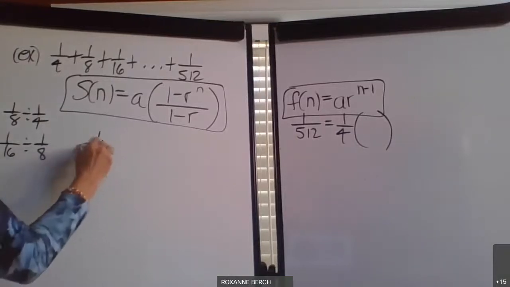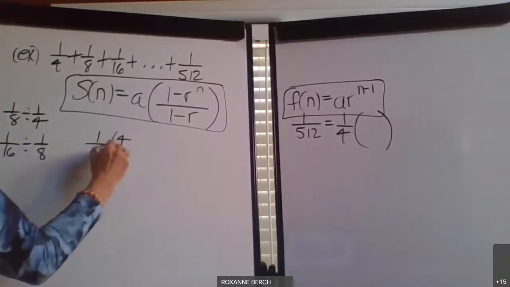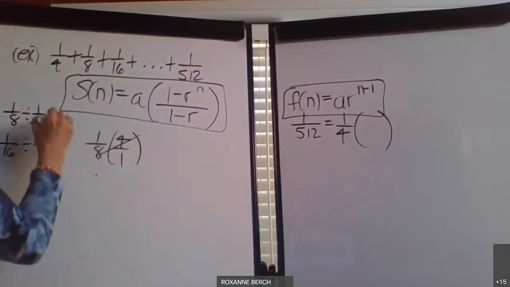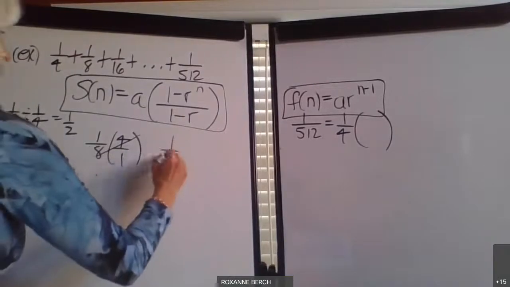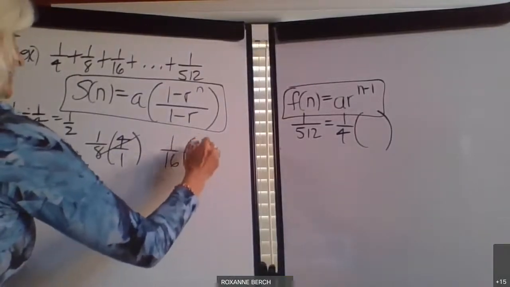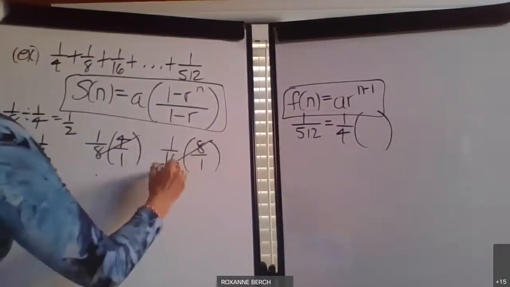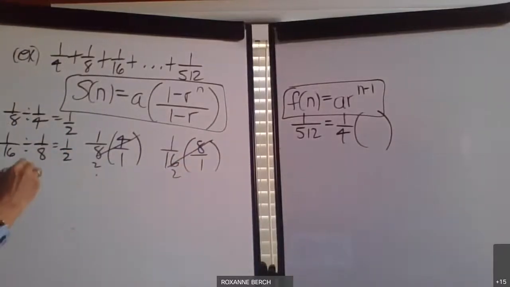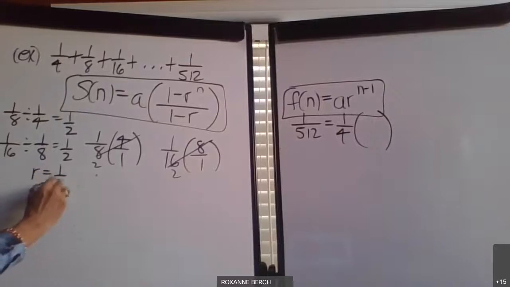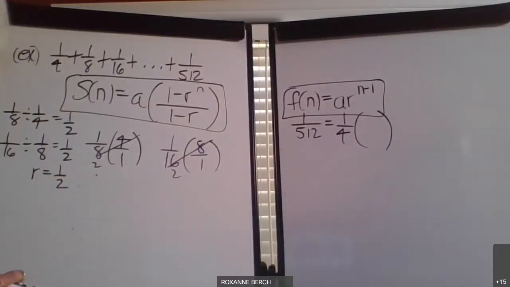So isn't this 1/8 times 4 over 1, which is 1/2? And isn't this 1/16 times 8 over 1, which is 1/2? Did you follow that or no? You guys okay or no?